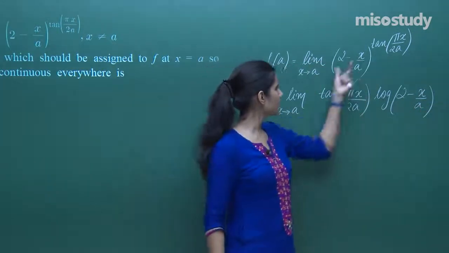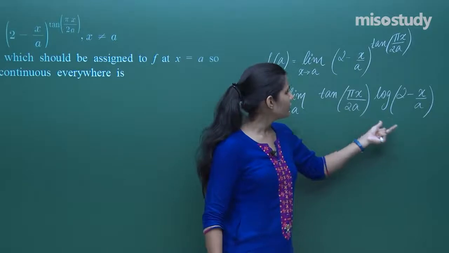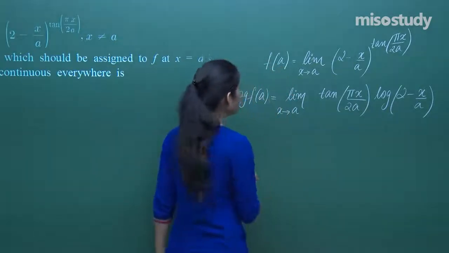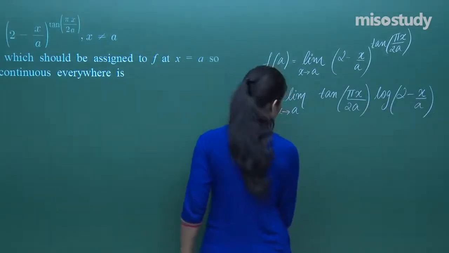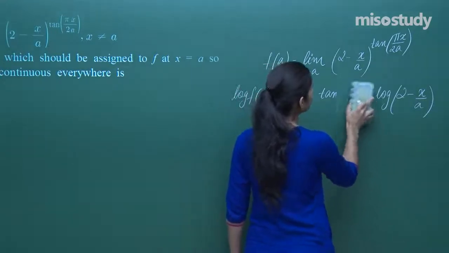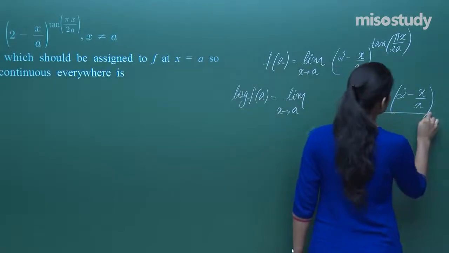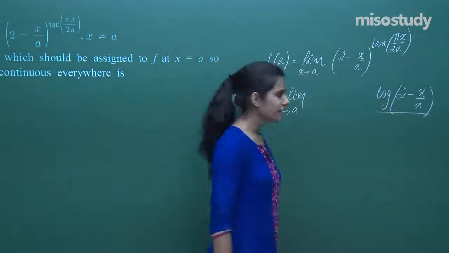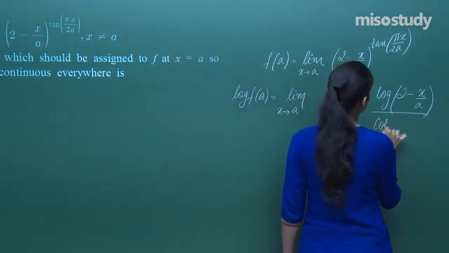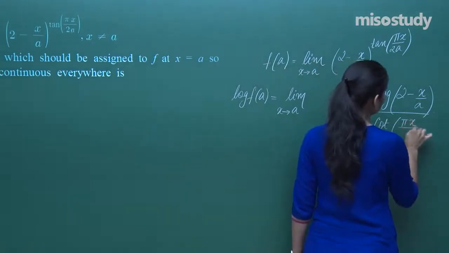Right, so the power is going to come ahead of log. This is the power, log of this. Fine. Now you can see over here, if I just get rid of this tan, tan is nothing but 1 upon cot. So I can write tan as 1 upon cot of pi x by 2a.